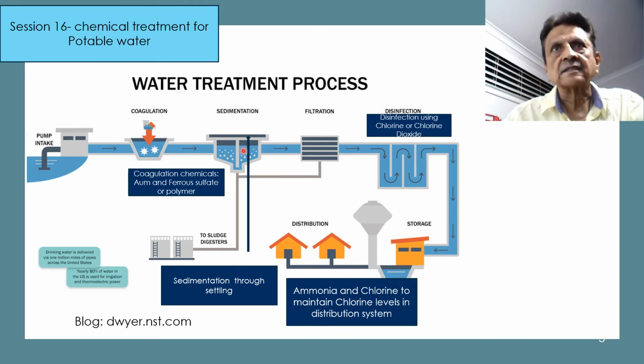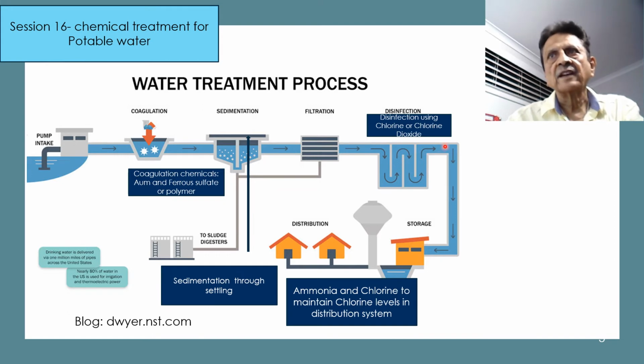Once the sedimentation has been completed, the water goes through the filter and goes straight into the reaction chamber where chlorination, with chlorine or chlorine dioxide dosing, takes place, and then it goes back to the storage tank.